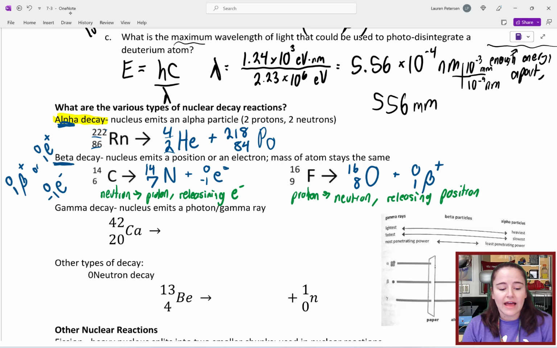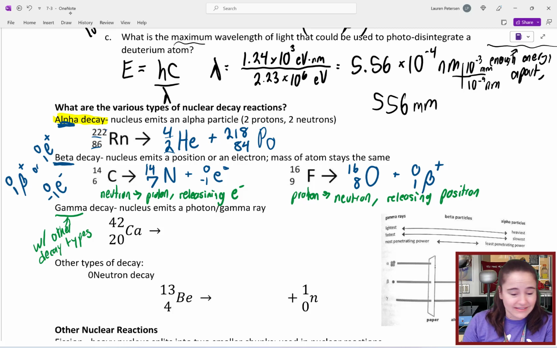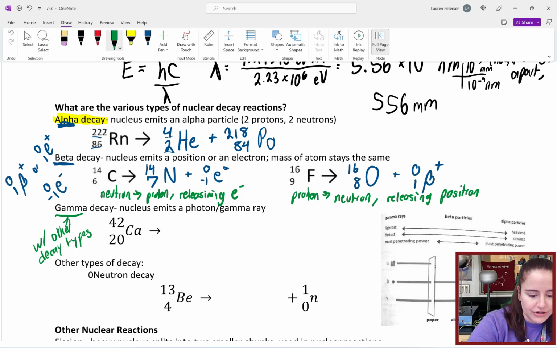Now, often you'll see gamma decay with other decay types. This is where it releases a gamma ray when it decays. So, for example, carbon undergoes alpha decay.